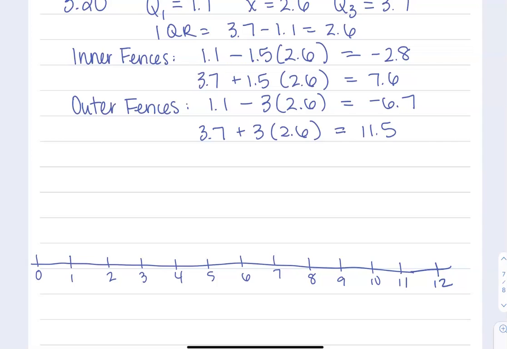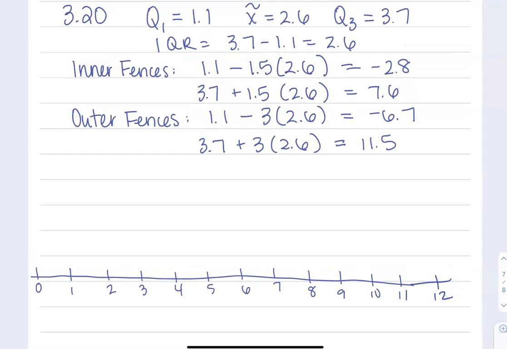And so, we'll do our middle box like normal. So here's Q1, here's our median, here's our Q3. So we draw our box here.